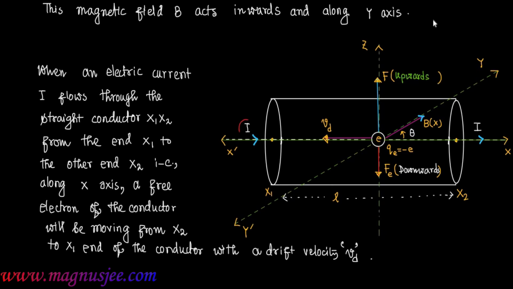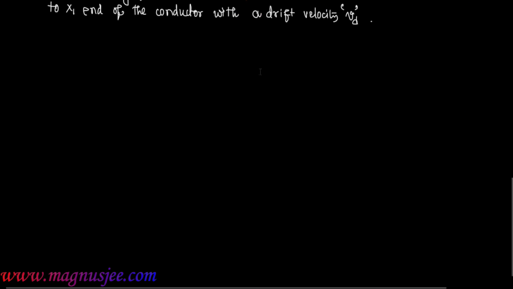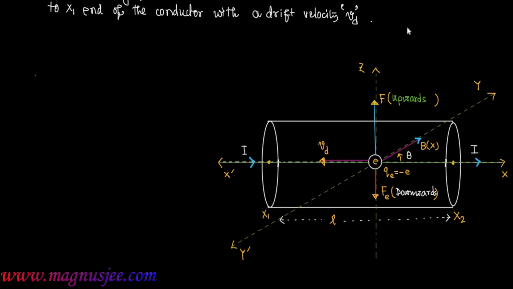Now in the diagram, current I flows towards right and a free electron of the conductor will be accelerated with a drift velocity Vd. Magnetic field induction B acts along y-axis at an angle theta with the direction of flow of current, or with positive x-axis.